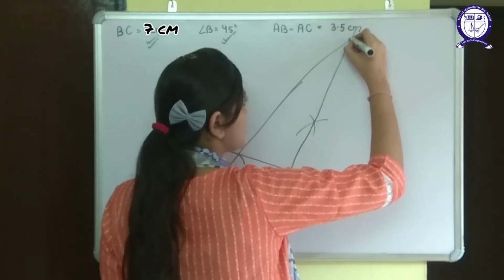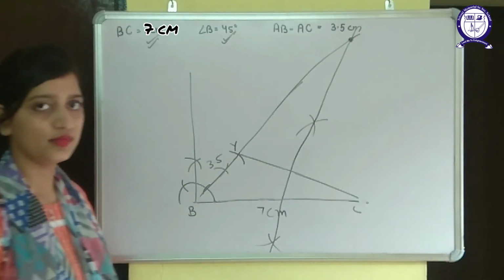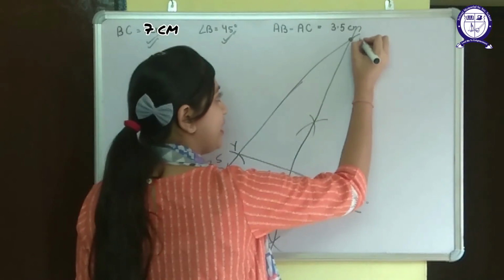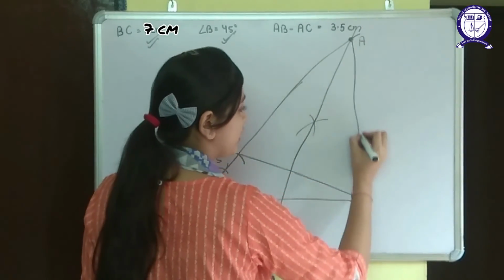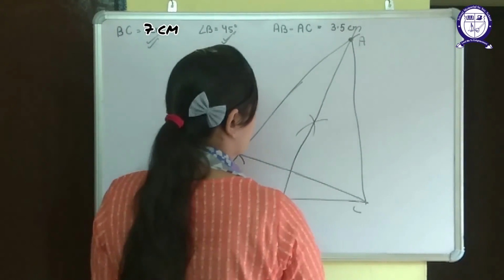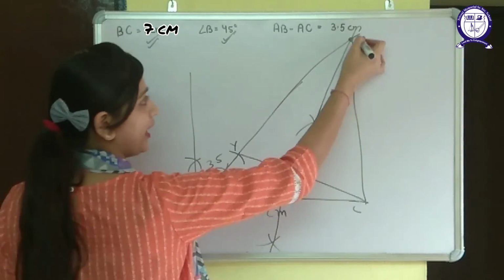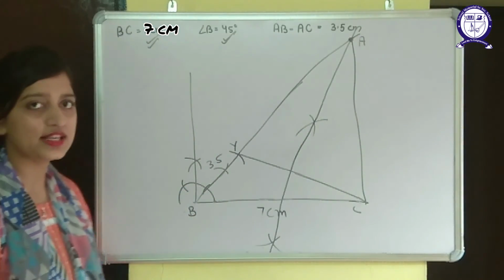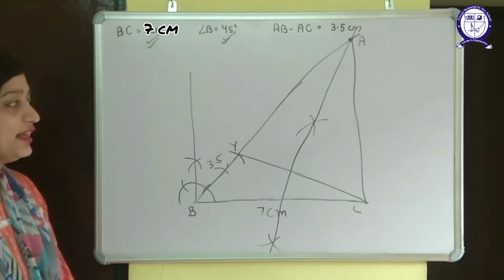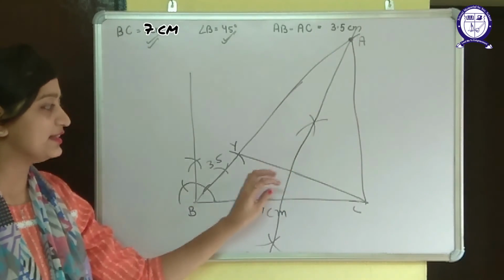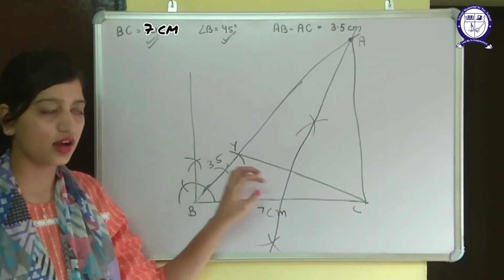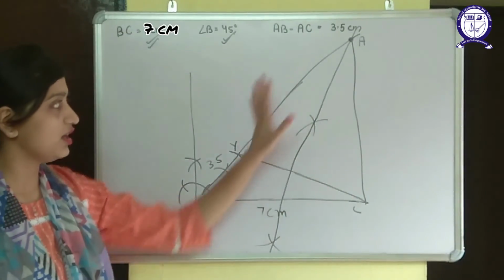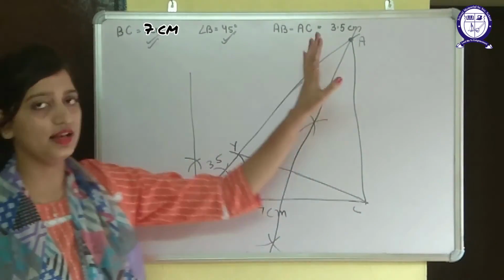They are cutting each other at this point, and wherever it cuts the angle line, this will be my A. We will join A, C. So my required triangle will be ABC. The steps were the same but the angle looks a little different. In the summation one, we got the smaller angle inside, and in the subtraction one, we got the larger angle, the big angle ABC.